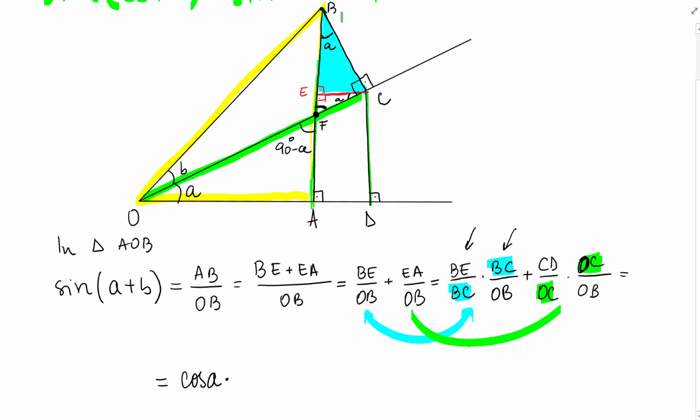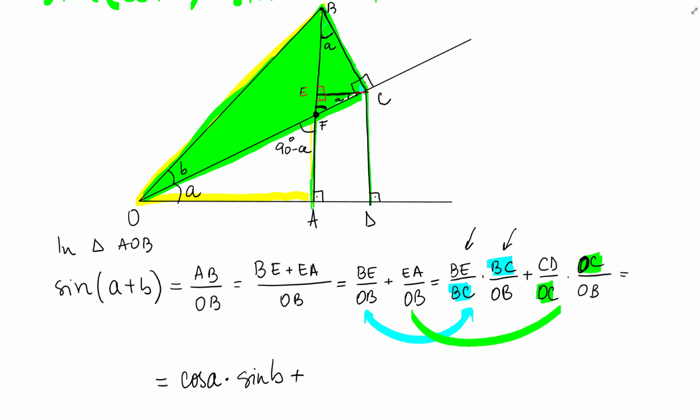BC over OB means that we have to look at the green triangle now, because BC and OB are sides of the green triangle. So BC over OB, it's actually sine of B.